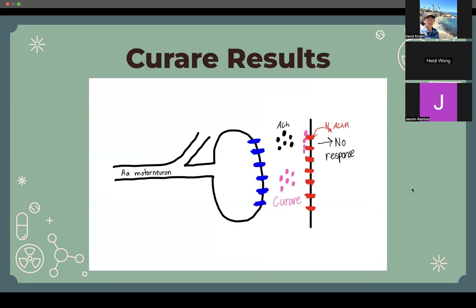And the reduction in the MAP is due to Curare's role as a competitive antagonist at the nicotinic acetylcholine receptors, which means that it blocks the sodium influx and inhibits muscle contraction.